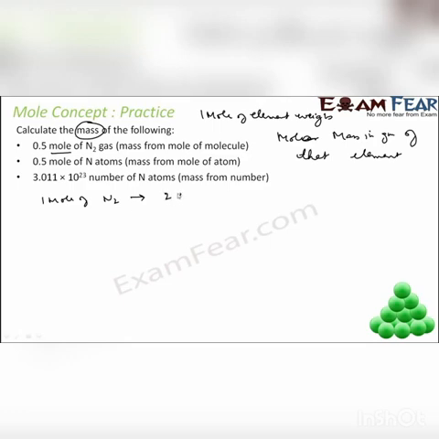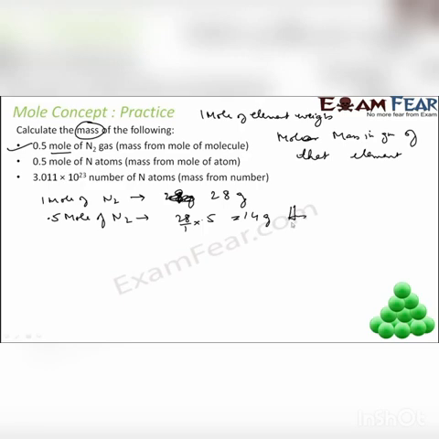Nitrogen is 14 into 2, 28 grams. That is 1 mole of N2 gas. So if 1 mole of N2 gas is 28 gram, 0.5 mole of N2 gas will be 28 by 1 into 0.5, that is 14 gram.